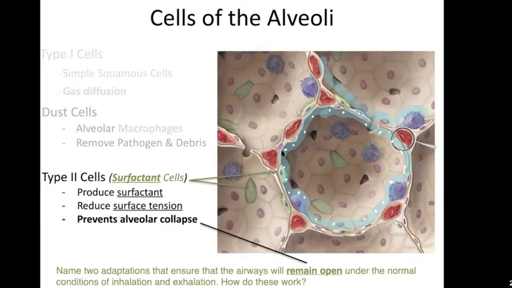So if you had problems producing surfactant, then you would have problems with this whole area of breathing, right? Or if you were a premature baby who hasn't started producing those, you'd also have problems, as we'll see when we get to some of the pathologies of this. But that's surfactant cells, type 2 alveolar cells that produce that surfactant.